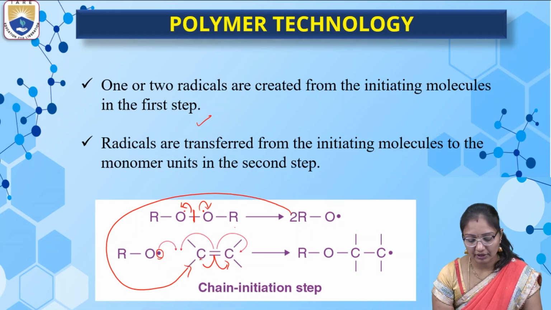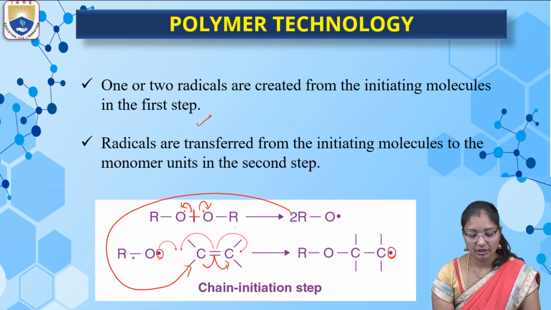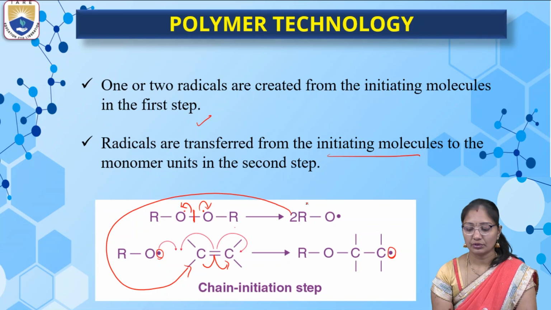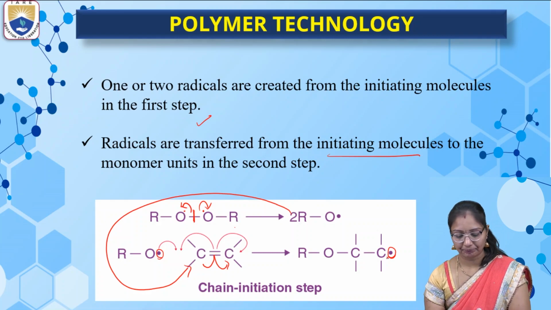Again it gives a free radical, generated due to the action of the formed free radical. Radicals are transferred from the initiating molecule, these are the initiating molecules, to the monomer units in the second step.